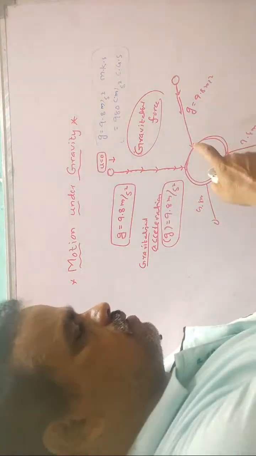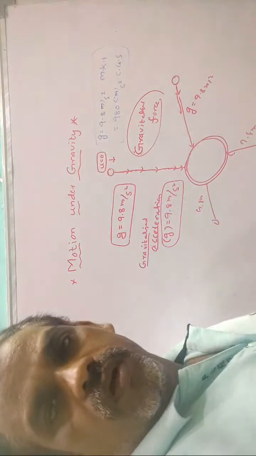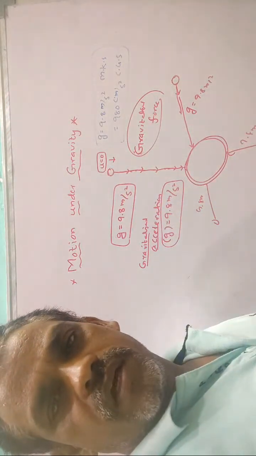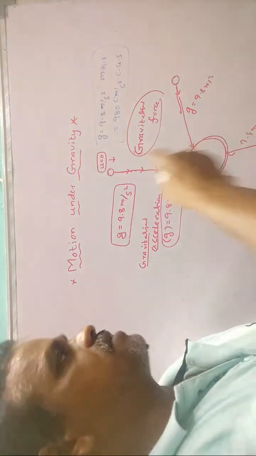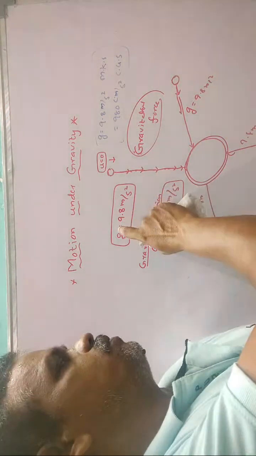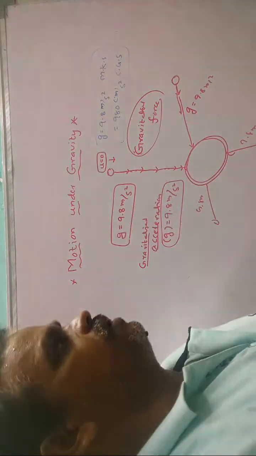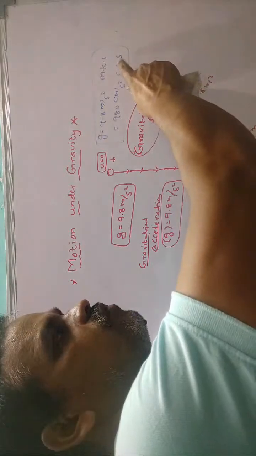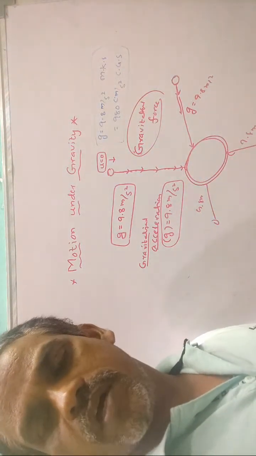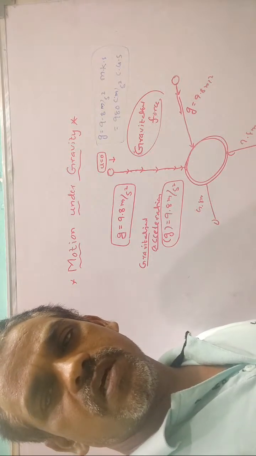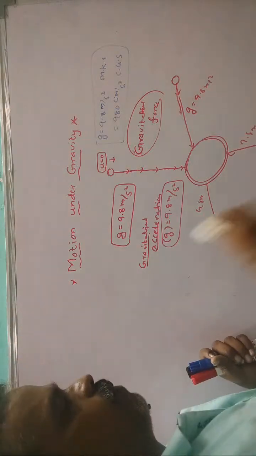When force is acted by the earth, the body will get accelerated. That acceleration is gravitational acceleration, equal to 9.8 meter per second square in the MKS system. In the CGS system, 980 centimeter per second square. So this is the information, motion under gravity. Simple. Okay.